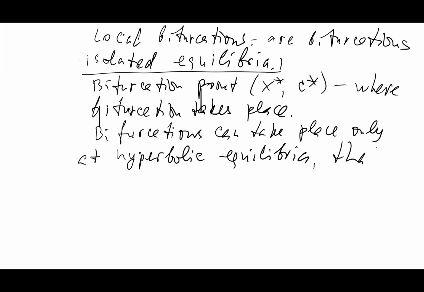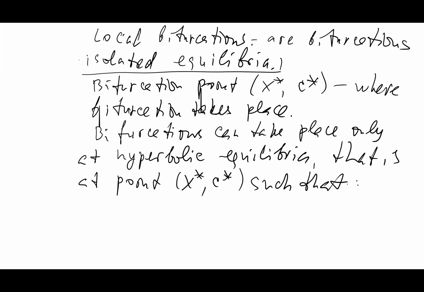That is at, say, point x star, c star, such that f at x star, c star equals 0, and the derivative of f over x at x star, c star is also 0.